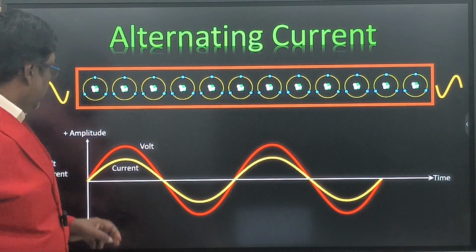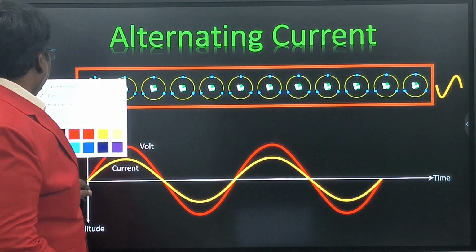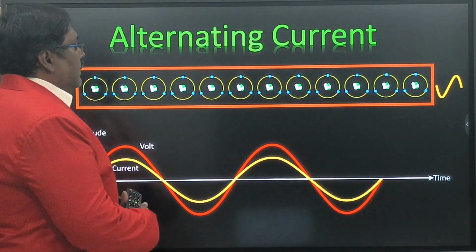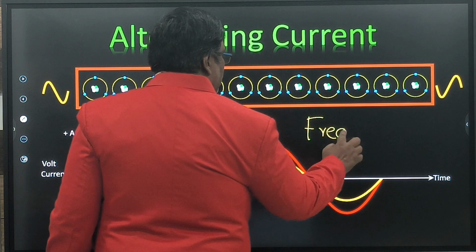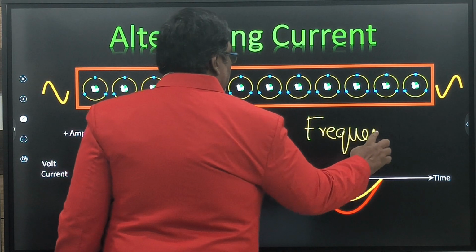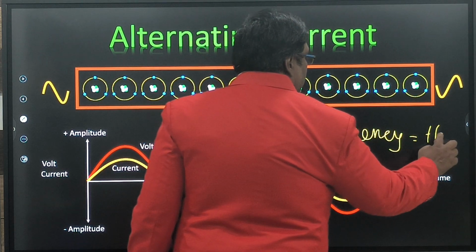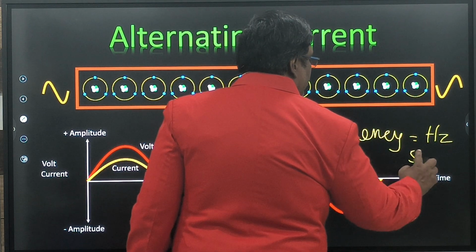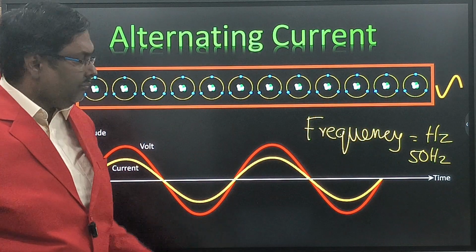The frequency unit is hertz. Ours is 50 hertz. Okay.